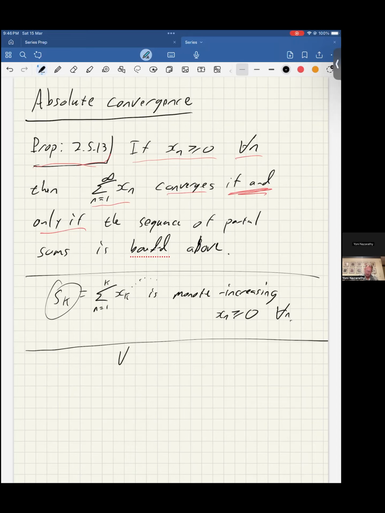So when xn is greater than or equal to 0 for all n, we always have that the partial sum for any k is bounded above by the value of the series.